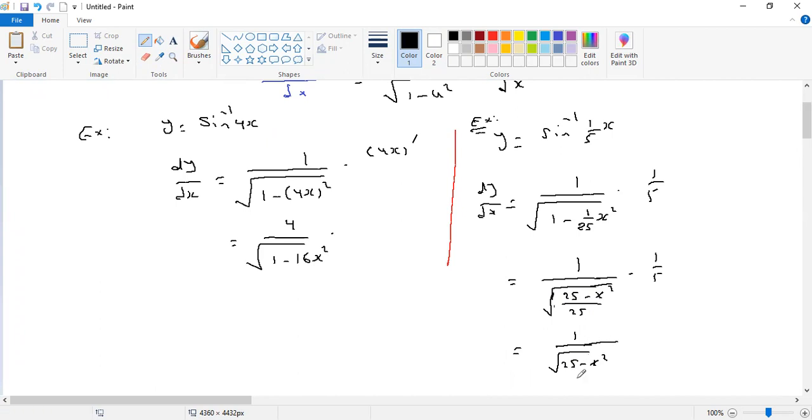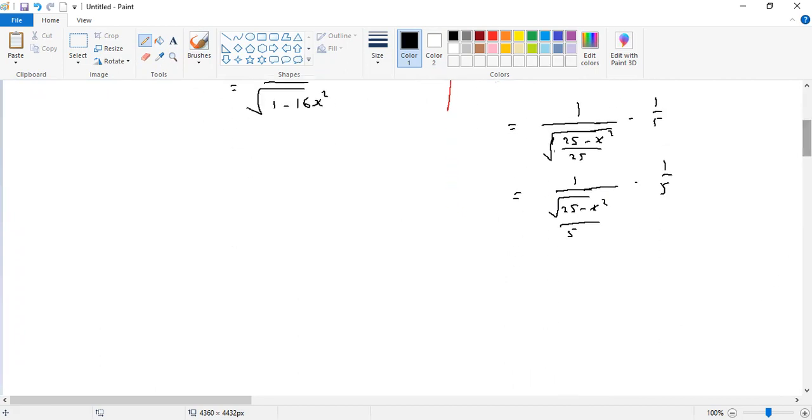So it becomes 5 over the square root of 25 minus x squared, times 1 over 5. Then you can cancel this 5 with this 5. So the answer is 1 over the square root of 25 minus x squared.